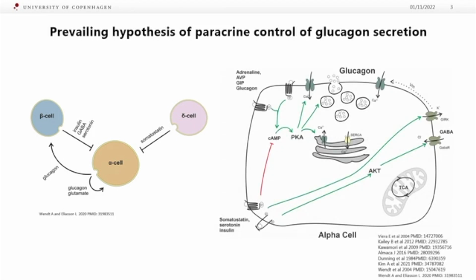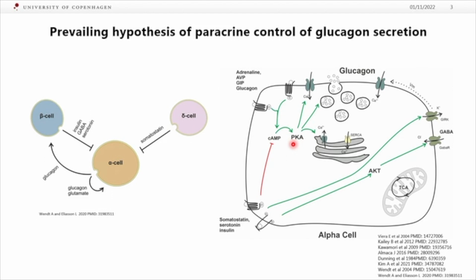And the intracellular scenario looks something like this. Not exactly simple, but I will try to, can I have a laser pointer here? I'll try to explain. You can see there are stimulatory hormones up here: adrenaline, vasopressin, GIP, and glucagon. They stimulate through G-protein-coupled receptors to elevate cyclic AMP and activate PKA, and possibly also EPAC2.